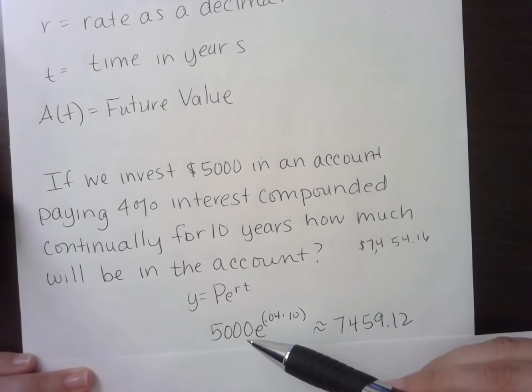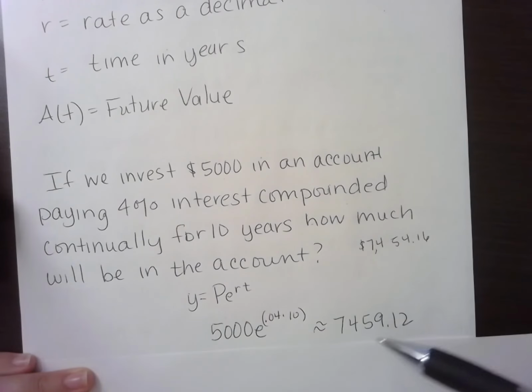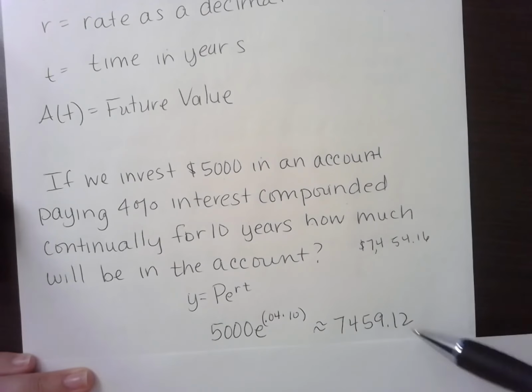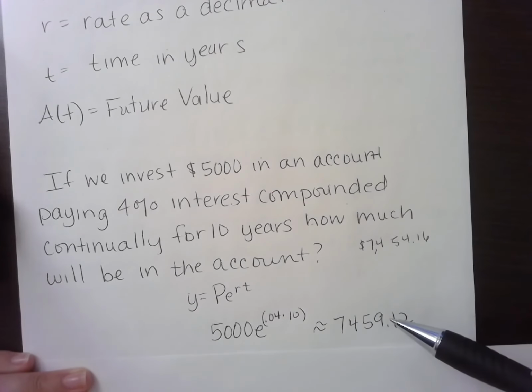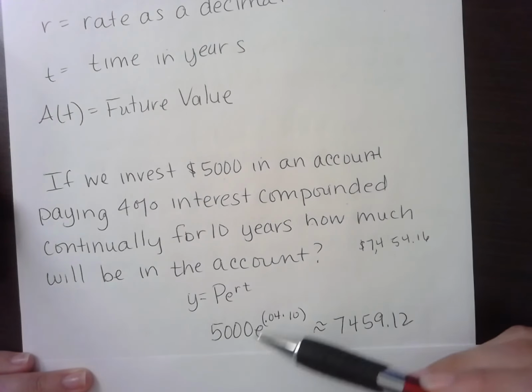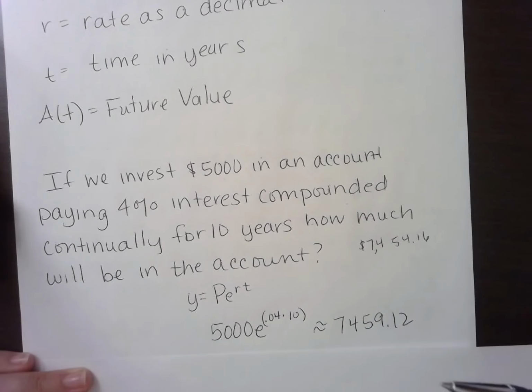If I put in my calculator 5,000 e to the 0.4, it'll spit out this amount, $7,454.12. Now that's up about five cents from the one that we did monthly. So not a big amount, but depending on how much we initially invest and how long it's in there, it can make a big difference.